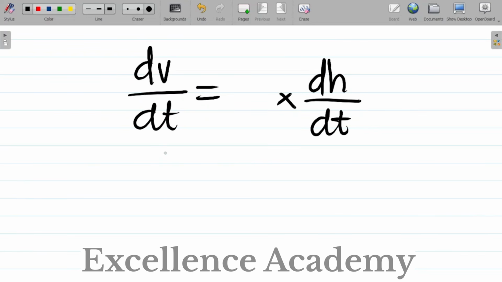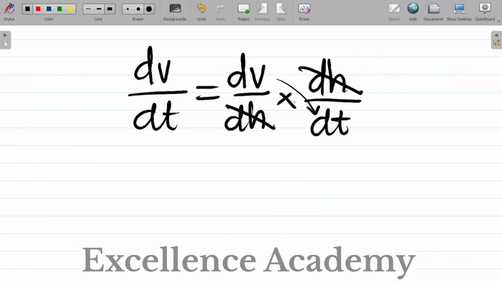If I put dv here and then dh, observe that dh cancels dh, and I'm left with dv dt, which is what you have here. That means my task would be to find a way to differentiate the volume with respect to the height.